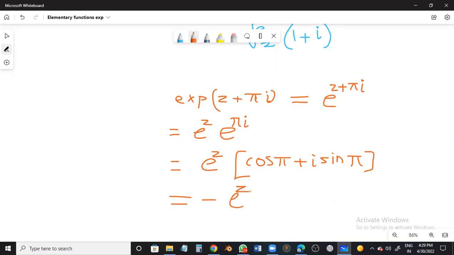Do you agree? This value is, sorry, minus 1 plus 0i. So it is minus 1 only. Is this fine now?